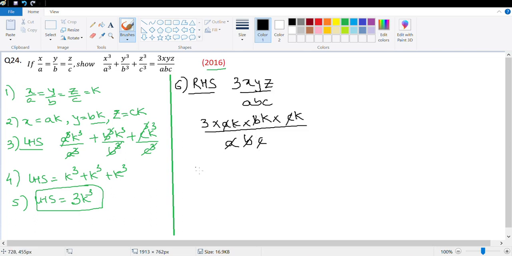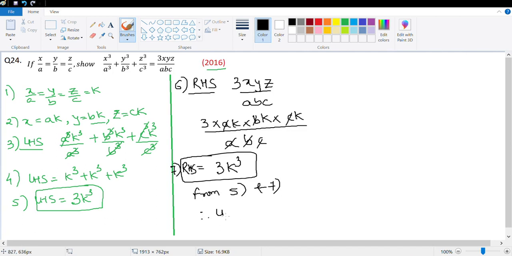So what we have here is 3k cube. So right hand side is equal to 3k cube. So from 5 and 7 we get, therefore LHS is equal to RHS, hence proof. That's exactly what they wanted us to solve in this question. We've done it. Good. Let's look at the next question.